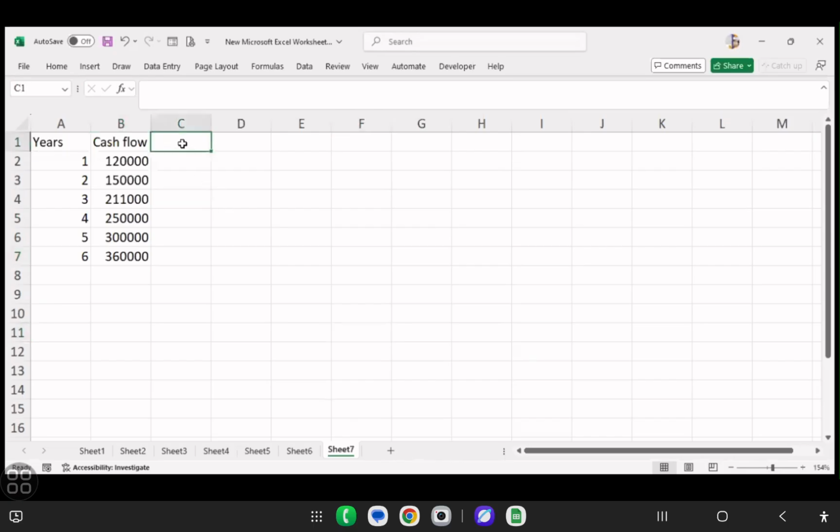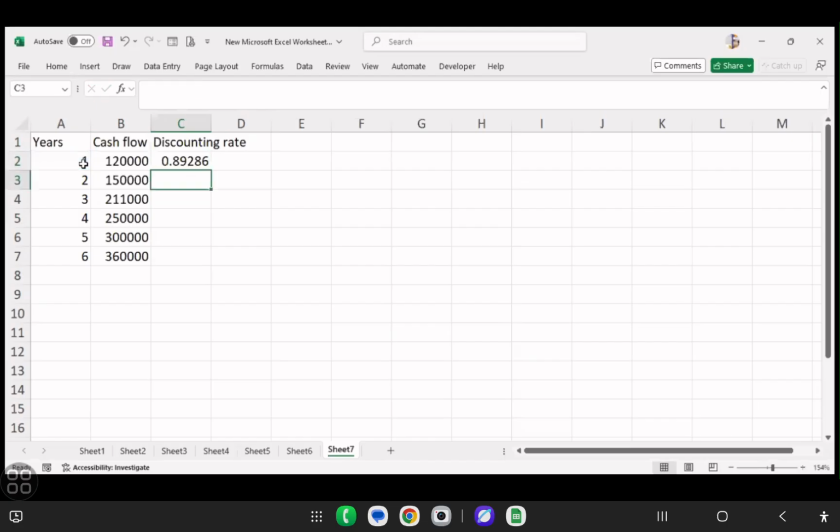I want to do the discounting rate. The discounting rate is at 12%. So we say that year one is equal to 1.12. We make it power -1.